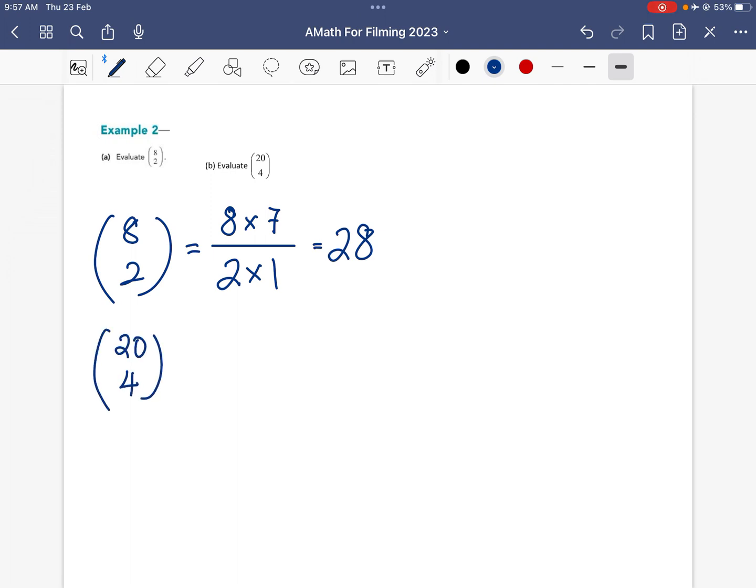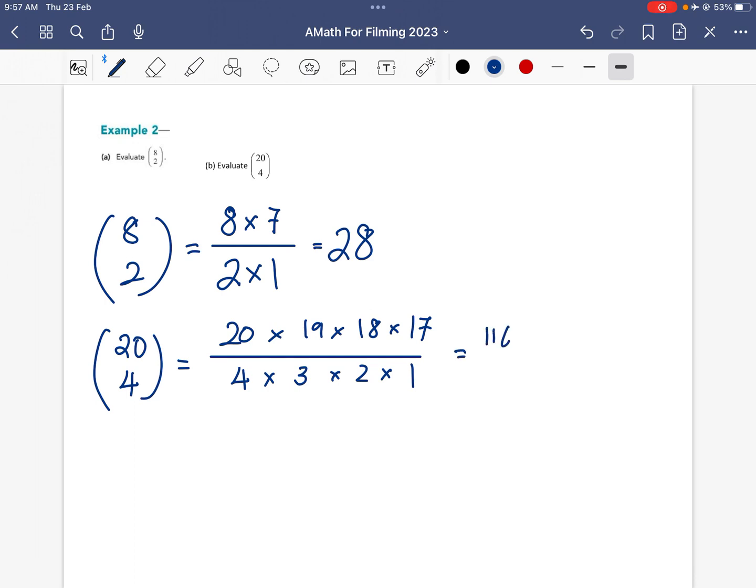Similarly, 20 choose 4. Same again, we start with the denominator. With the 4, I go 4 times 3 times 2 times 1. Then the numerator will follow: 20 times 19 times 18 times 17. So what we have here is 20 times 19 times 18 times 17. I get 116,280 divided by 4 times 3 times 2 times 1, which is 24.